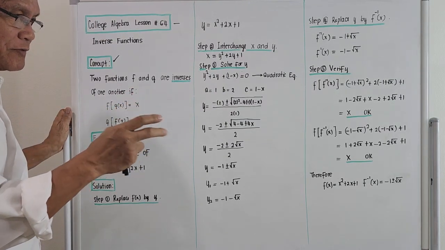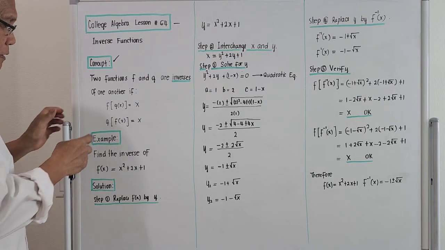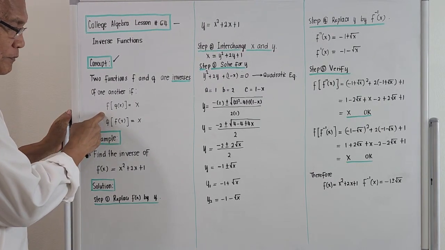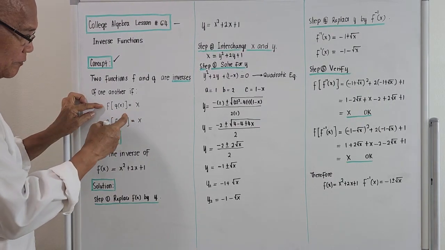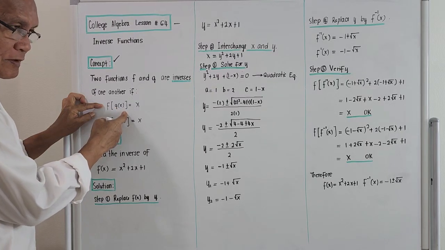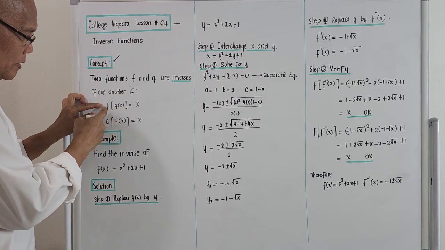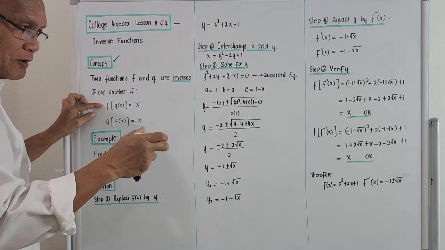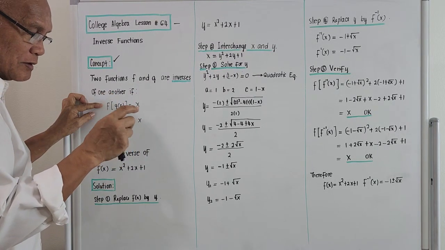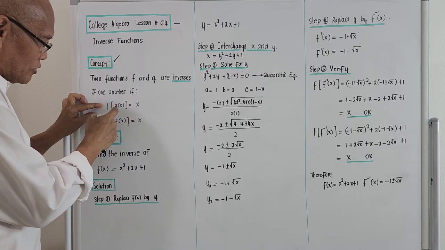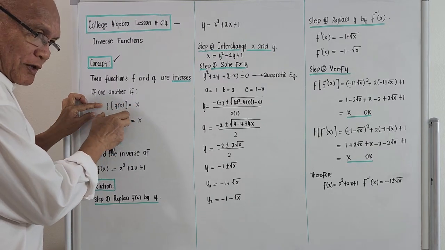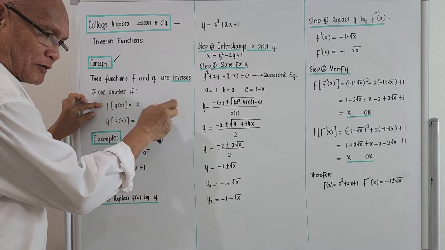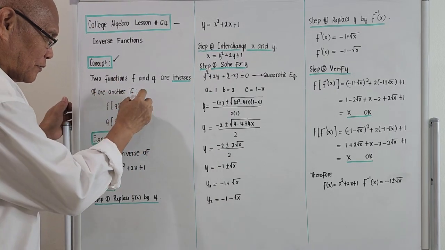There are two given conditions here. If we try to substitute the value of g of x into that function f, that's the concept. We are given a function f, and if we place the value g of x for x and simplify, the result should be x.